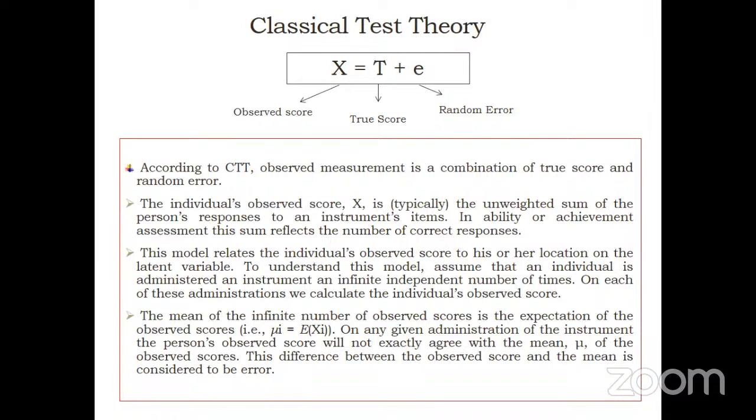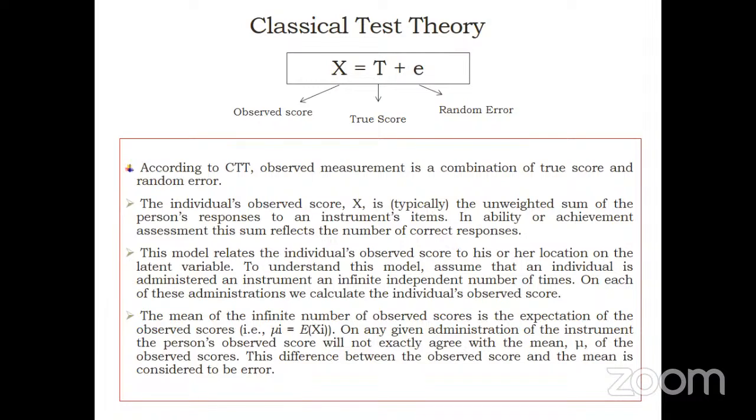So to understand this model, assume that an individual is administered an instrument an infinite number of independent times. Suppose you are taking one single individual and administering one single set of items to this person an infinite number of times, a large number of times, maybe 1 million or 10 million or 100 million times.